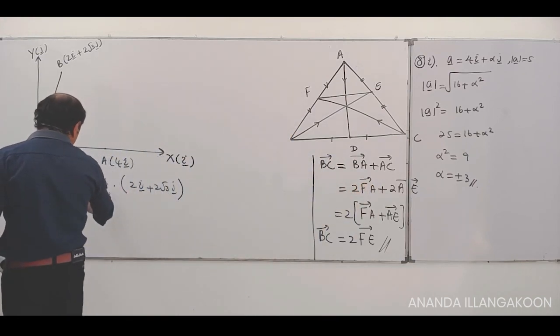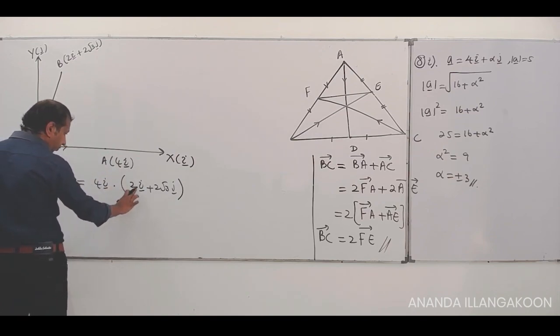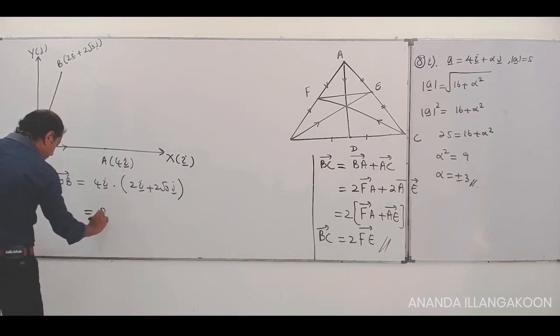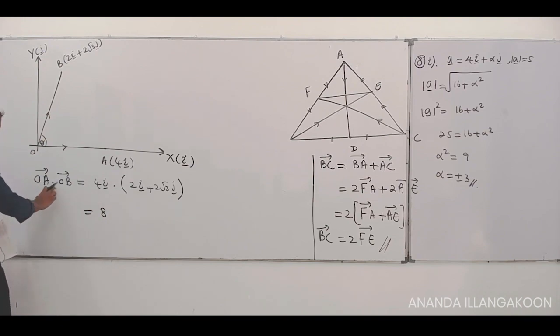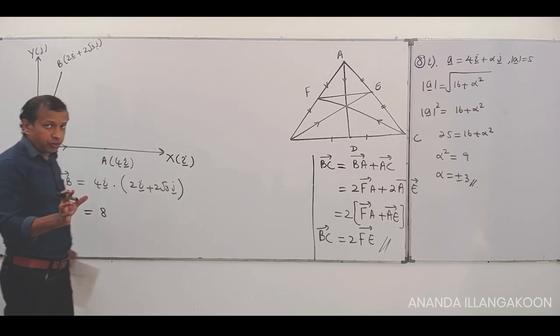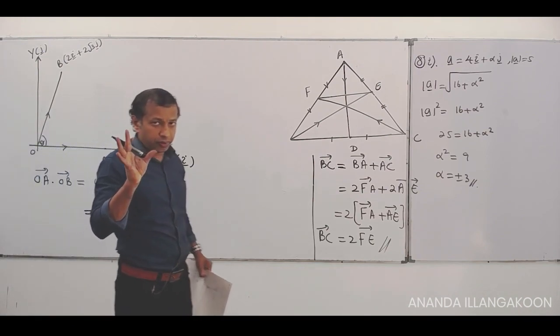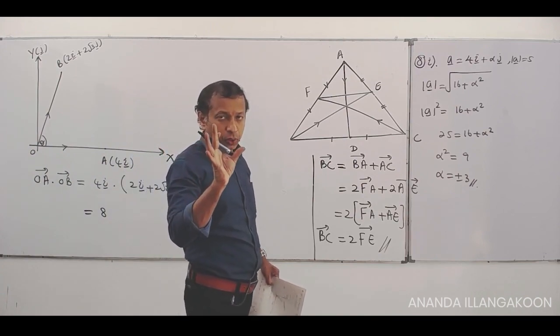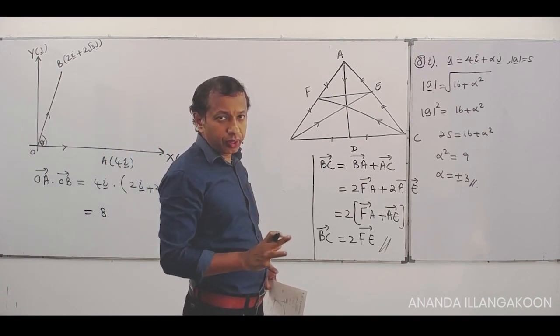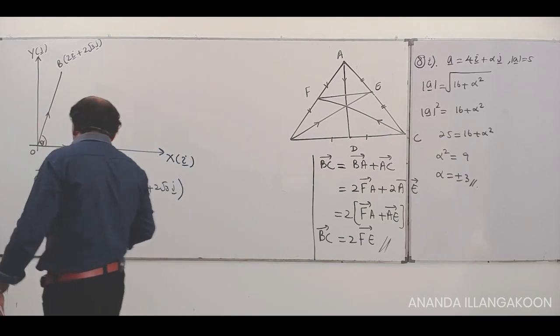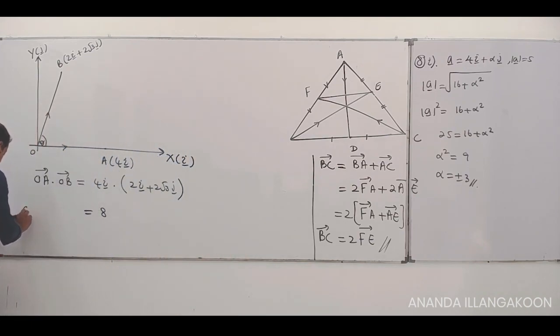Here we have only i, no? Then this 4 and this 2 we multiply to get 8. But OA dot OB, the dot product between two vectors, we define as OA modulus into OB modulus cos of the angle between them, no? OA modulus, OB modulus, cos theta.